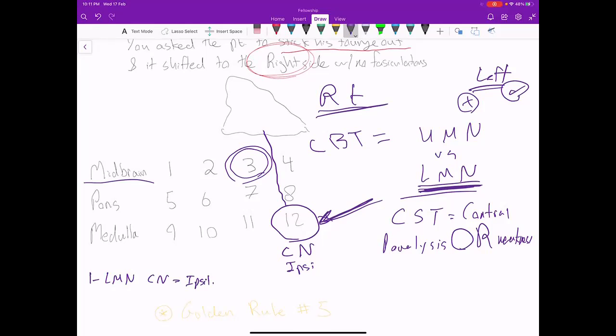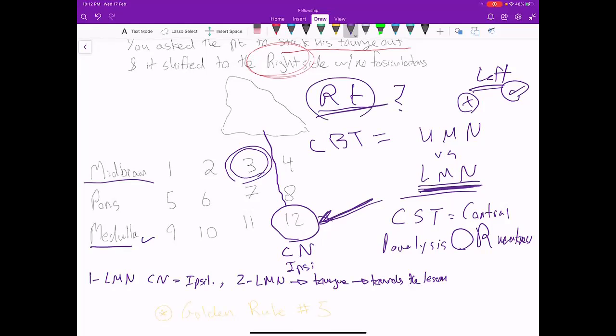Meaning, is it also right? If yes, then that's where our lesion is. If no, then it's probably not. Number 2, for the hypoglossal nerve, if it's a lower motor neuron lesion, the tongue will go towards the lesion. So we know the lesions are right-sided.